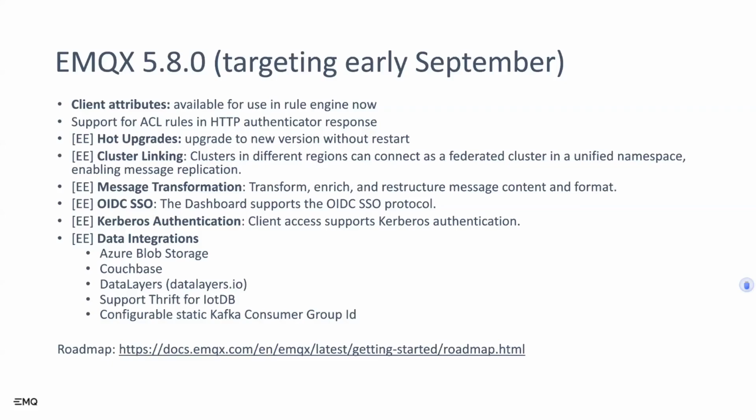And now you can use them in the rule engine. Just extract and apply them to a rule to maybe route messages differently. And for the HTTP authentication mechanism, you could set up your HTTP server to return ACL rules in response to apply to the connection request.